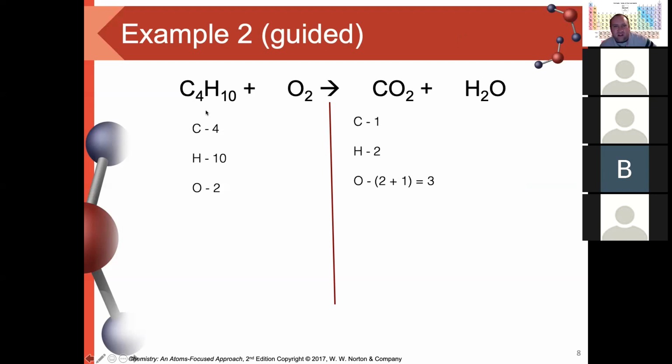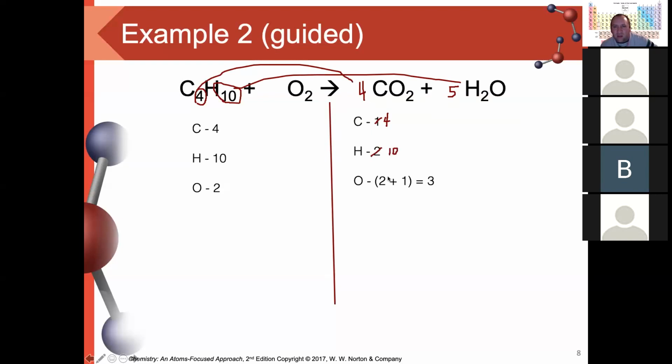But if I start here at the top, and again, I start with my coefficient or my subscripts here in the C4H10, I bring them over. So 4 for the carbon dioxide, 10 hydrogens means I'm going to have 5 waters to balance those out. Now, if I do all of this math now, 4 times 1 is 4 carbons. 5 times 2 is 10 hydrogens.